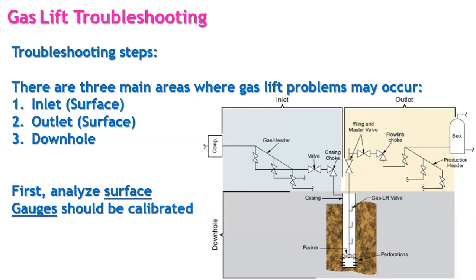Of course, the first area to look at is the surface. The gauges should be calibrated, and everything on the surface should be checked before going downhole. Of course, it's cheaper to do repairs on the surface than downhole. Downhole, we require calling for maybe wireline or a possible well intervention rig.